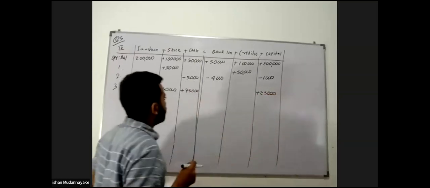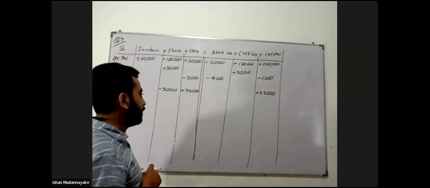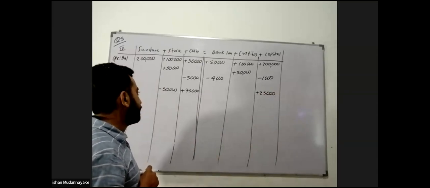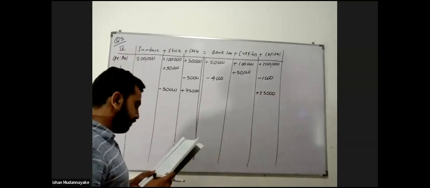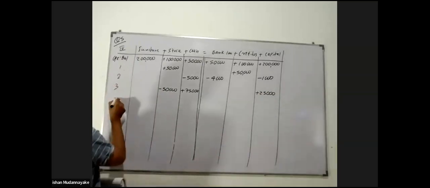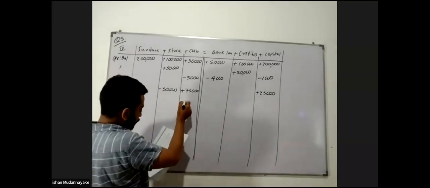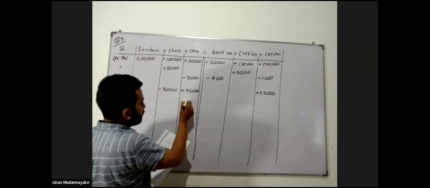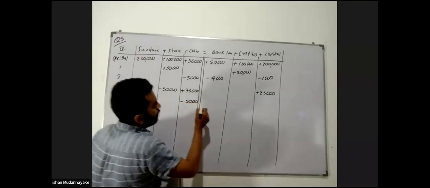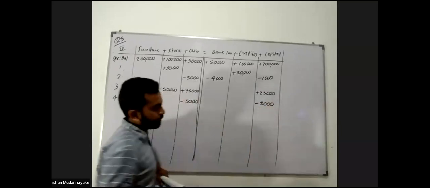Profit belongs to owner. Next one. Paid insurance charges 5,000. Insurance expense of the business. So cash minus 5,000, capital minus 5,000. Each one is expense.